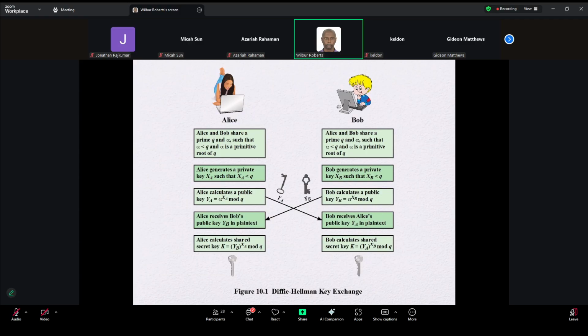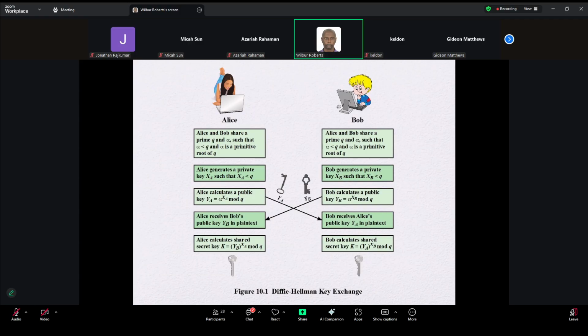Then Alice generates a private key, xa, such that xa is less than q. And Bob does the same thing for his side. He generates a private key, xb, such that xb is less than q.